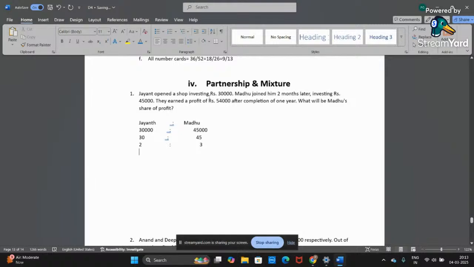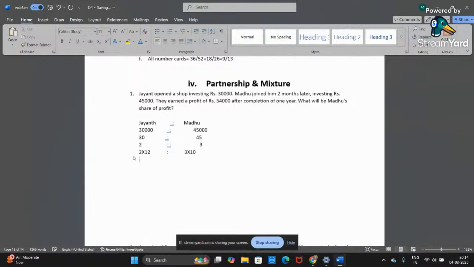Here, they earned a profit of rupees 54,000 after completion of a year. Here, only Jayant has completed 12 months, but Madhu joined him after 2 months. So, 2 into how many months is completed by Jayant? It is 12 months, right? So, write 12. Here, 3 into 10, as Madhu joined after 2 months, so he has completed only 10 months.